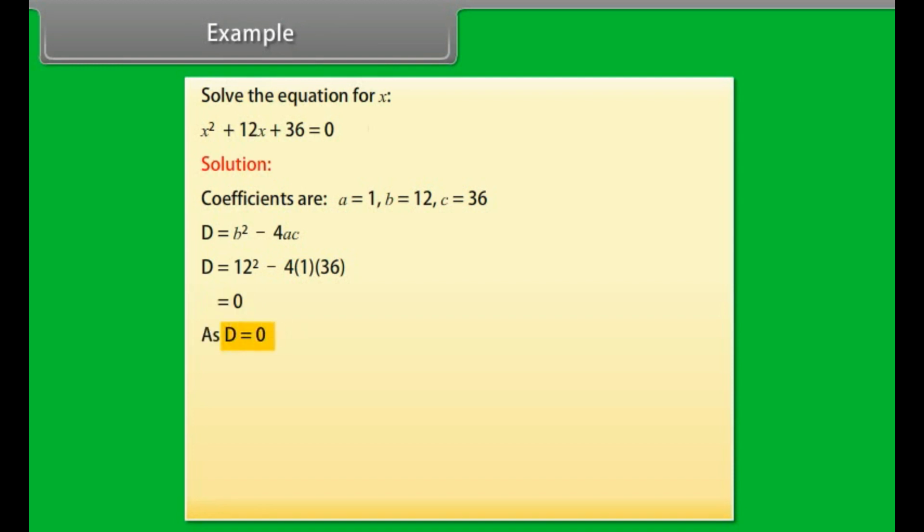As d equals 0, so the root is x is equal to minus 12 by 2 into 1. Now solving, we get x is equal to minus 6.